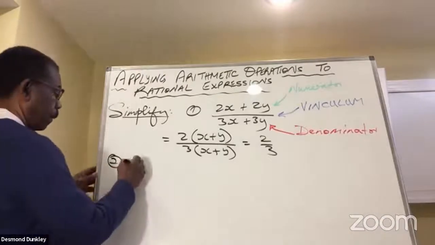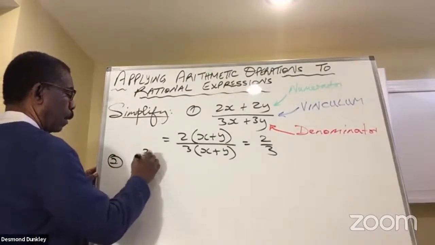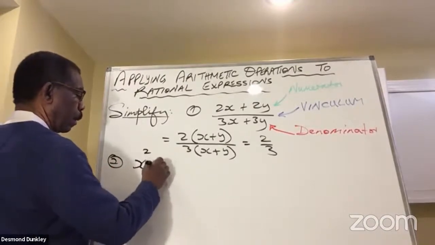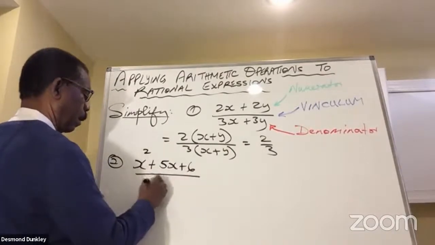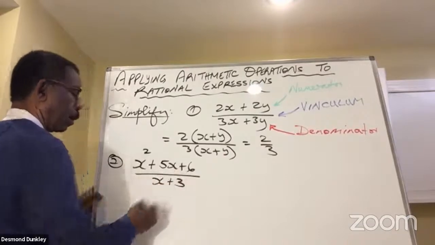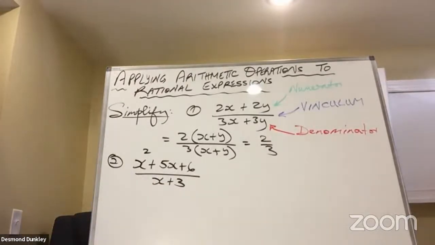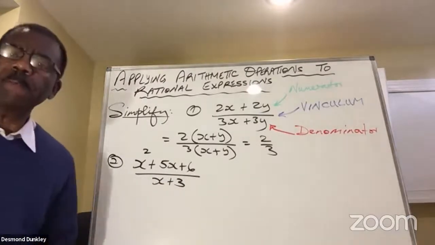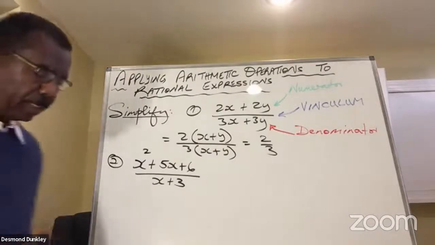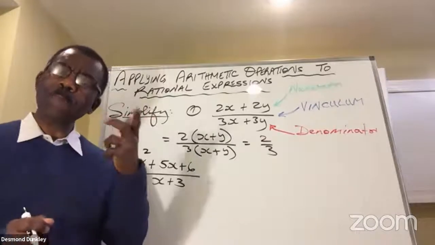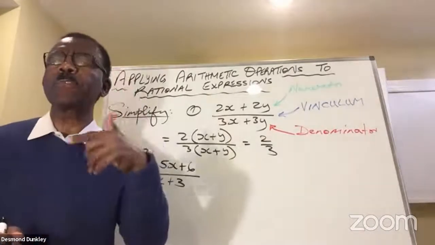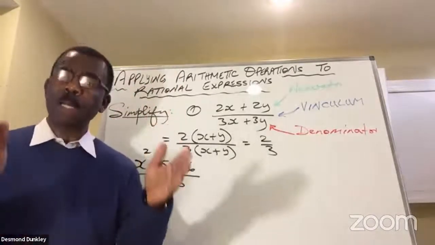If I gave you something like that and said, simplify that. Again, something that is very, very useful when trying to simplify rational expressions is to factorize where possible.